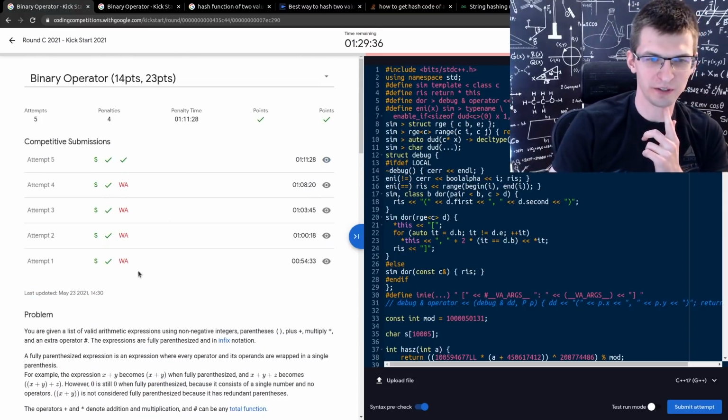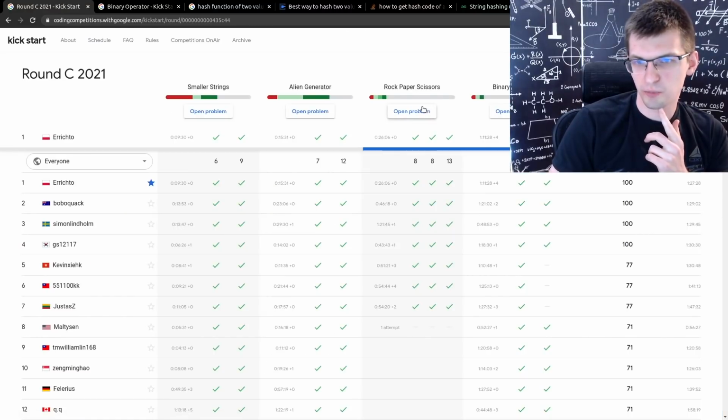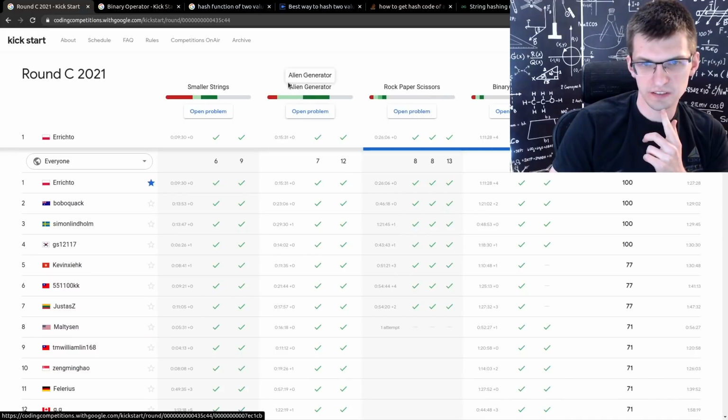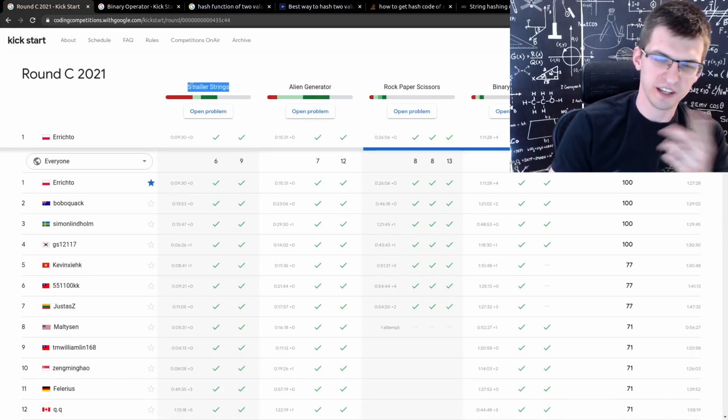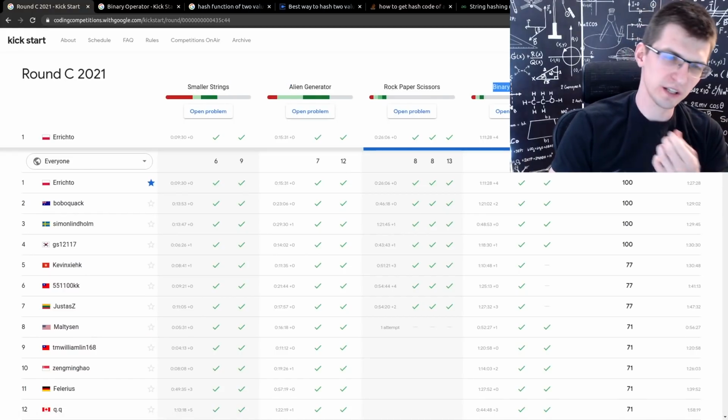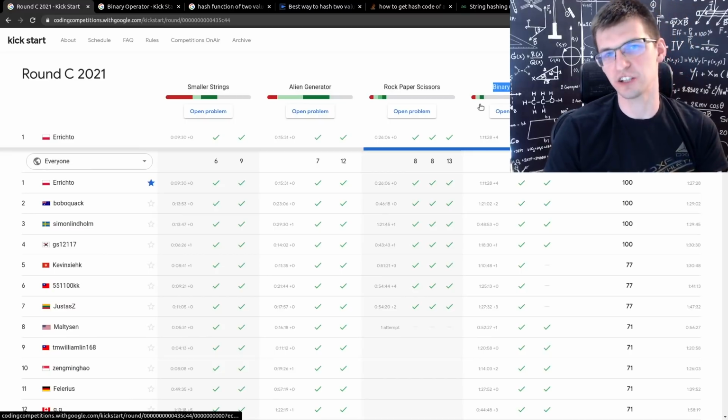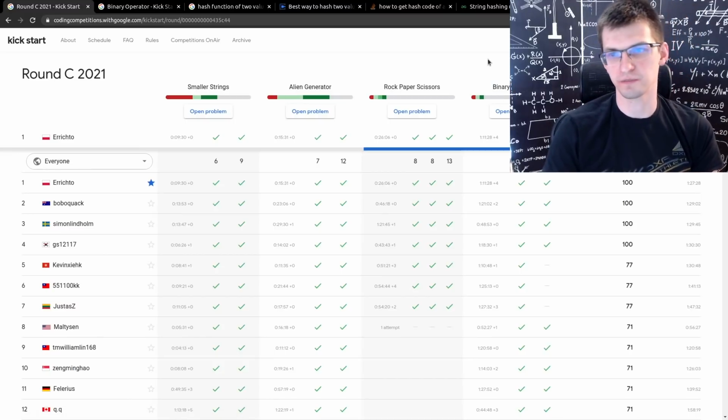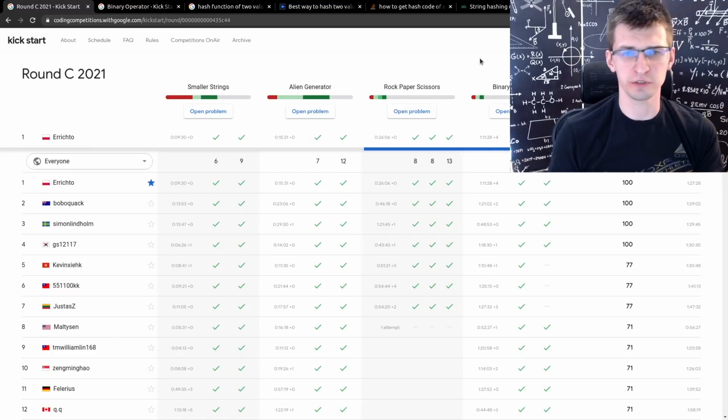I'm unhappy about my wrong attempts. Rock, paper, scissors was fine. This one too easy. Smaller strings, I know I messed up. Binary operator, cool, but would be for sure too standard for a big contest like Google Code Jam. But a fine problem for Kickstart, which is just an easier version of Code Jam.